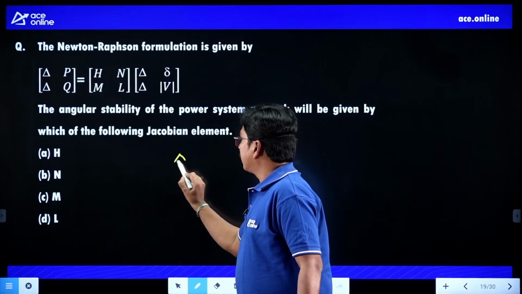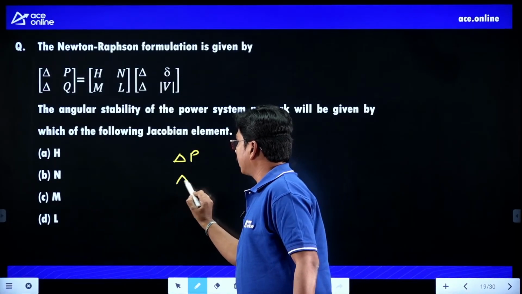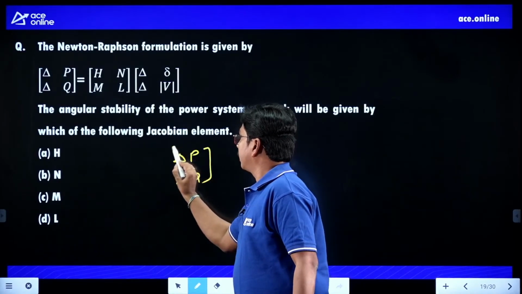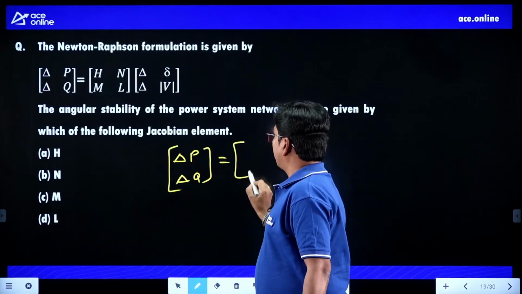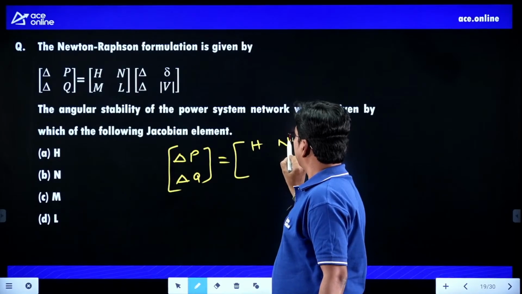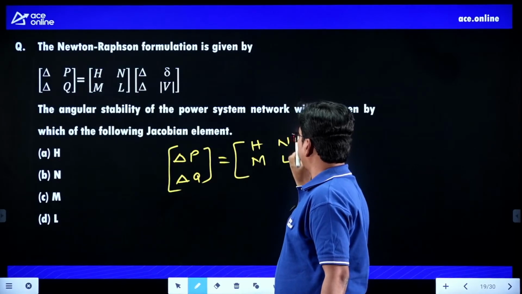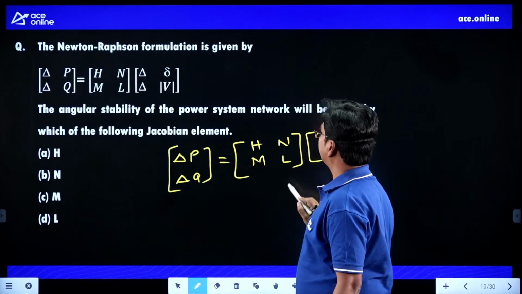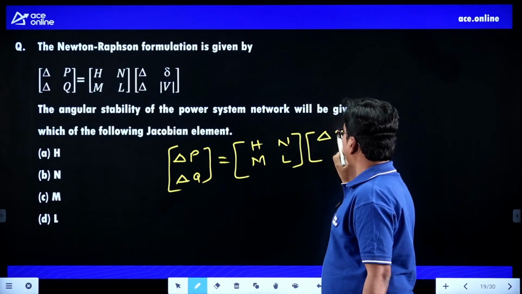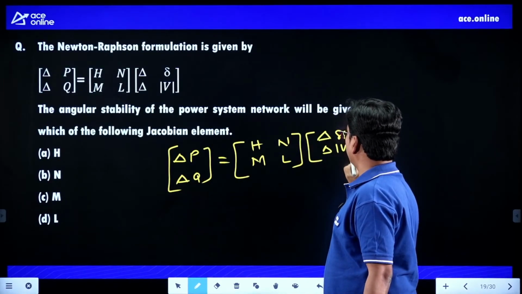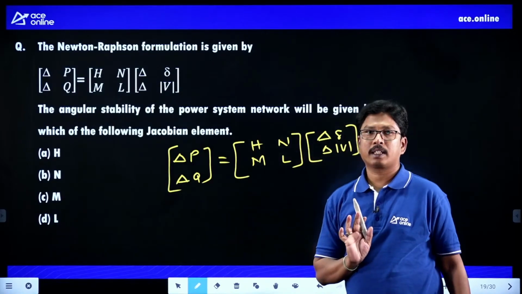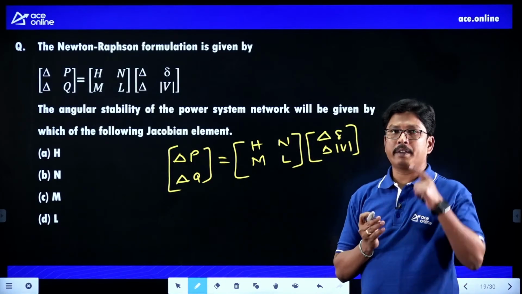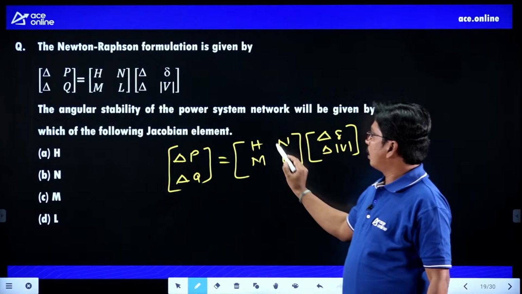They are given: del P, del Q is equivalent to H N M L multiplied with del delta and del mod V. Tell me, what is H?